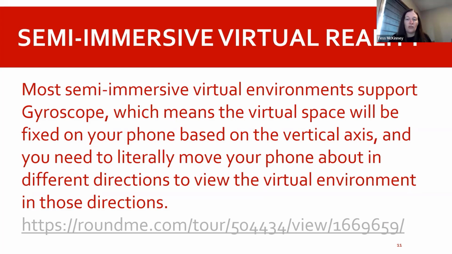Such examples are 360 video and photo tours used in real estate and tours of hospitals or campuses. Most semi-immersive environments support gyroscope, which means the virtual space will be fixed on your phone based on vertical axis, and you'll have to move your phone in different directions in order to see a different part of the space.